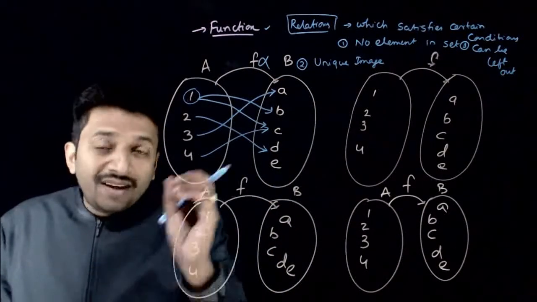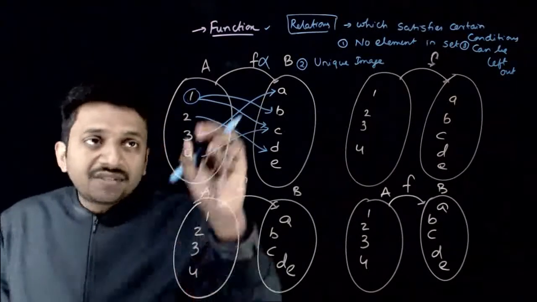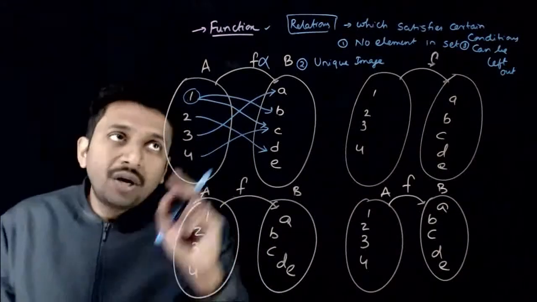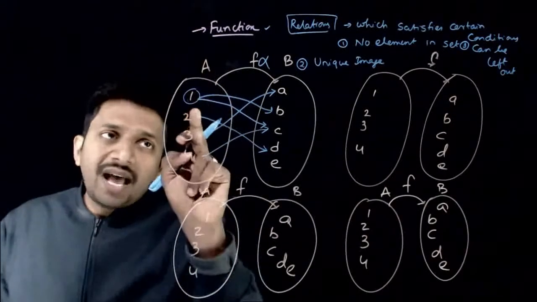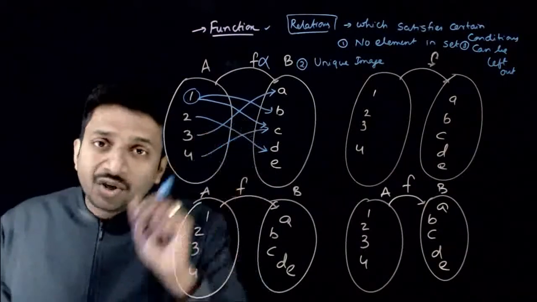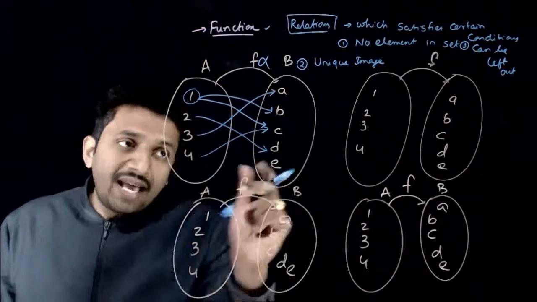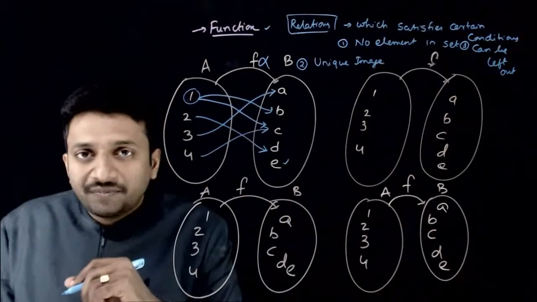So if a relation is not a function, it might have two problems. First is, if some elements of the first set are left out, then it is not a function. And if any element of the first set has more than one image, then it is not a function. An element in the second set can be left out because I am not talking about elements in the second set.